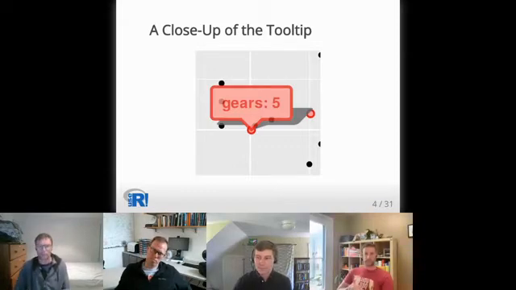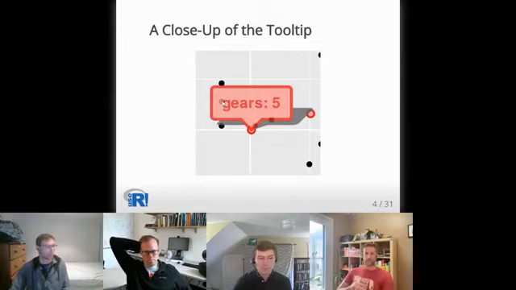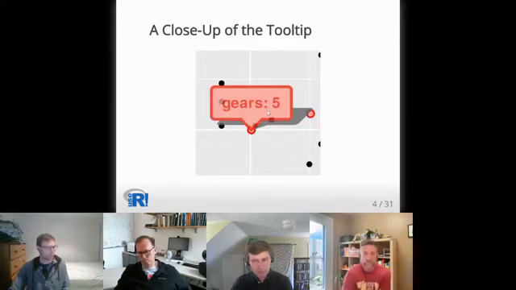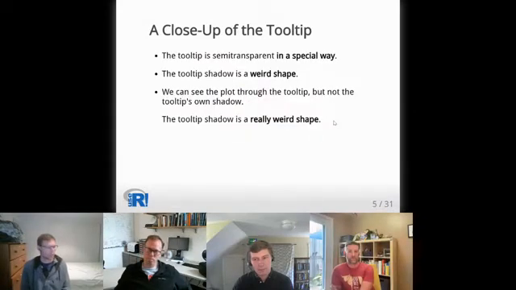First of all, you can see through the tooltip, so you can see through to the points behind. It has a little shadow with a funny shape. You can see through the tooltip and through the shadow, but you can't see the shadow behind through the tooltip. So the shadow is a really funky shape.